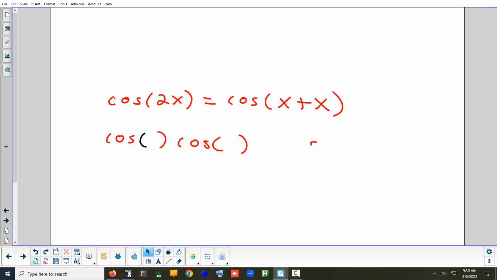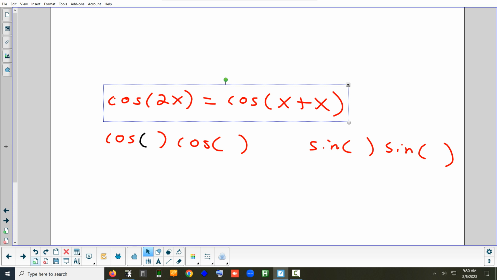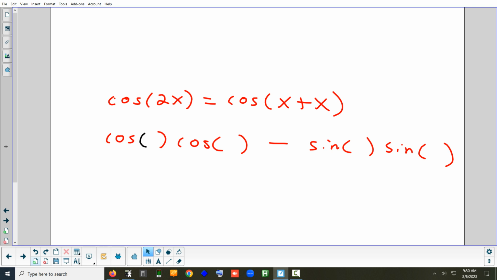Cosine, cosine. Sine, sine. What symbol goes between them when we do cosine? This is a plus right here. So what do I put here? Put a subtraction. Okay. What's my first angle? Second angle?